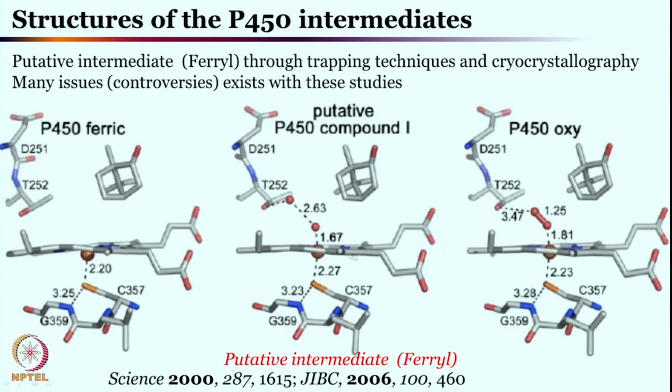As you can see, the bond length is shorter, but perhaps not short enough, and overall it seems like it is the intermediate that has been suggested for the cytochrome P450 compounds.